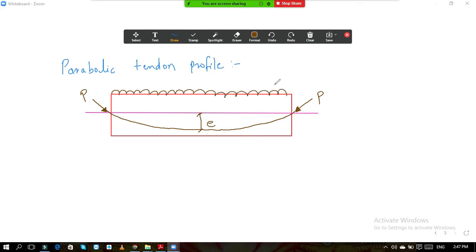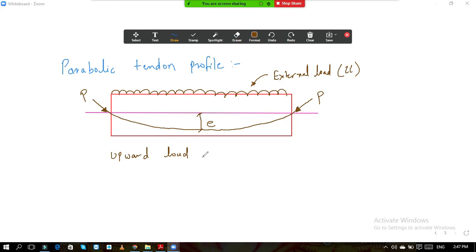So the external load is UDL. External load means our live load, which is UDL in addition to dead load. So in that case, your upward load can be calculated.